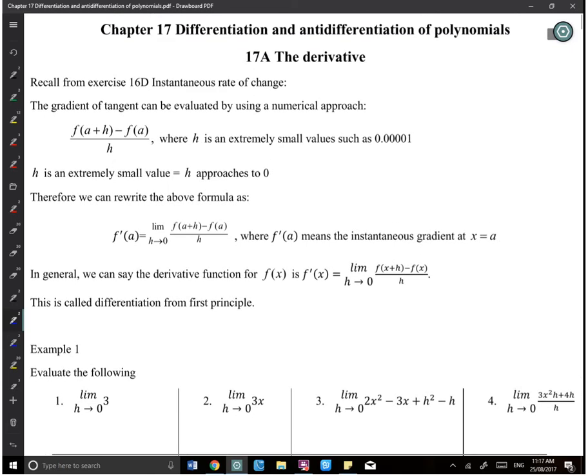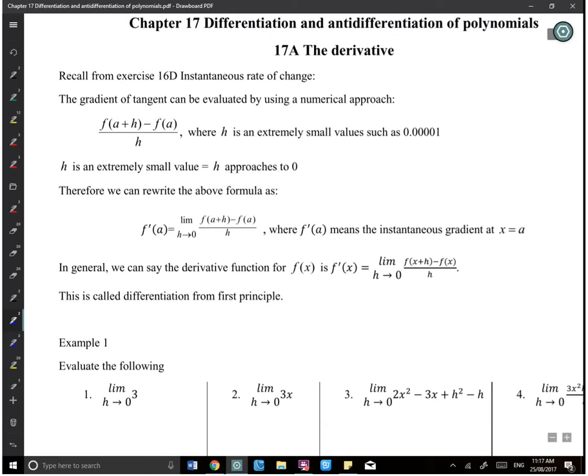So recall from exercise 16D, instantaneous rate of change. Have a think about last week when we learned instantaneous rate of change. There are 3 ways we can do it. Number 1, I use that point and choose another point which is really close to it. Say I want to find the derivative at 2, then I choose a point at 2.00001.